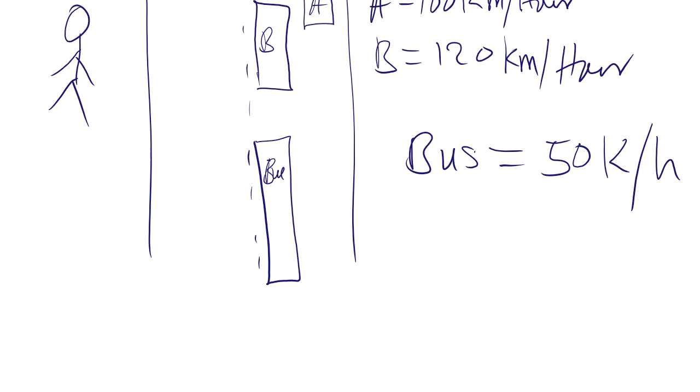Because the bus is moving at 50 and you are coming to the back seat at 2 kilometers per hour, you cancel some of the speed of the bus.